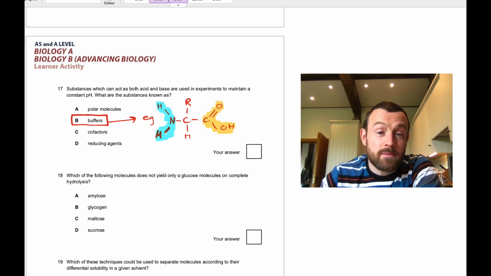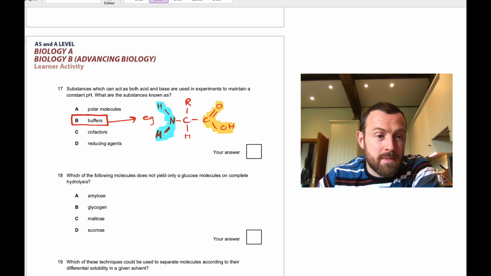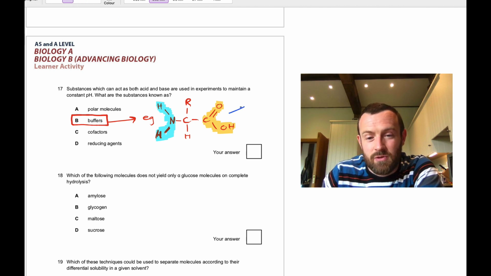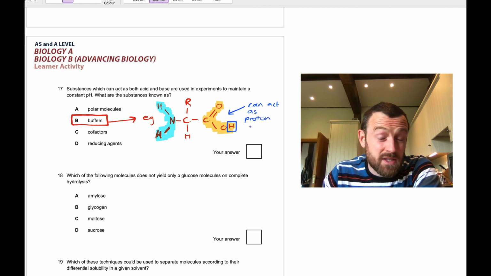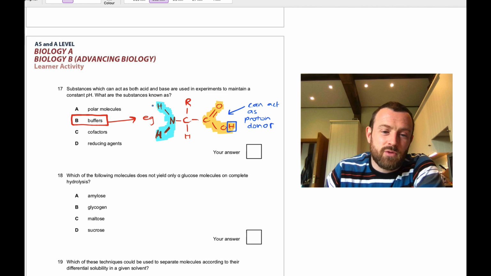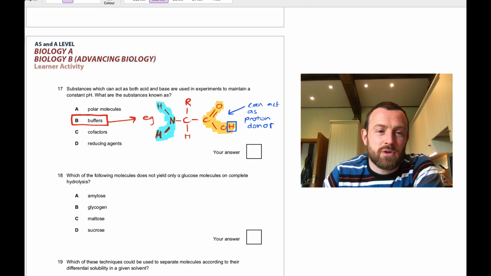If you do chemistry, you'll be a bit more familiar with what we mean when we say acids and bases. This group can lose this hydrogen here, so it can act as a proton donor. This is mainly for the chemists amongst you. And this group here can act as a proton acceptor.